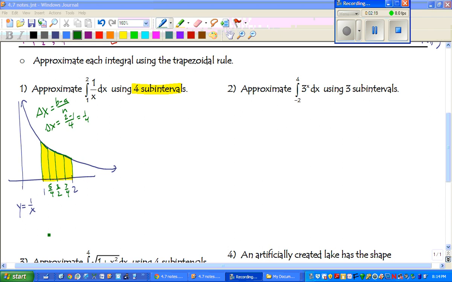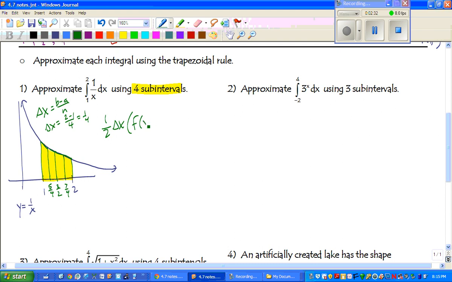But using our formula up there that we just talked about in the intro, we've got 1/2 times delta x times f of x sub 0 plus 2 times f of x sub 1 plus 2 times f of x sub 2.